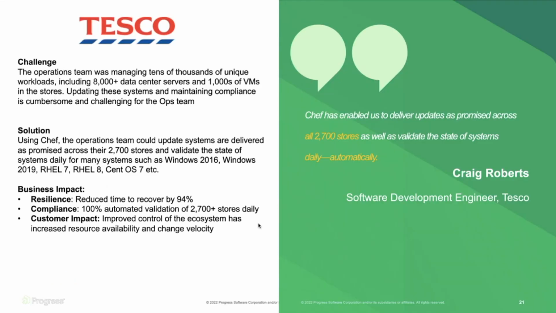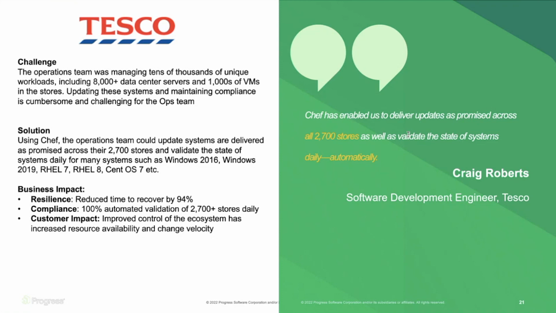Now let's look at one of the customer testimonials, with Tesco. Tesco reached out to Chef. Tesco had 10K plus nodes and workloads in their infra, so they had a challenge of updating and maintaining their systems.